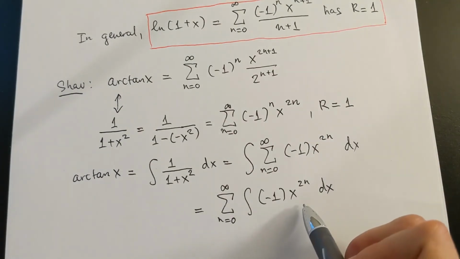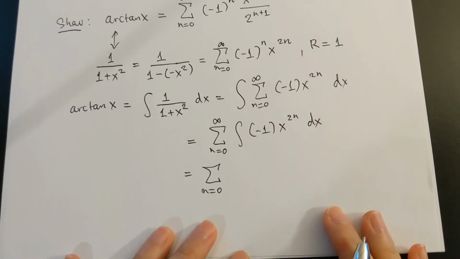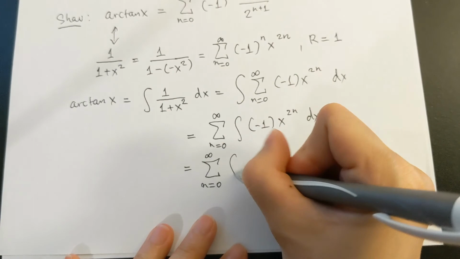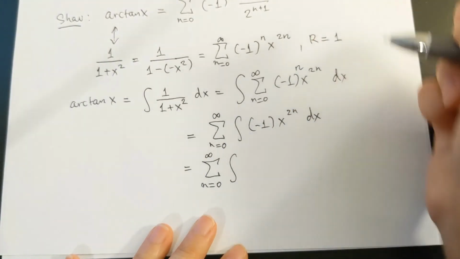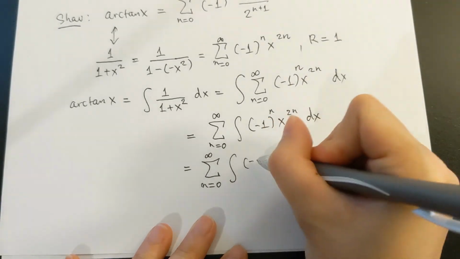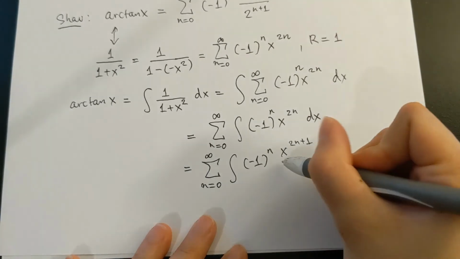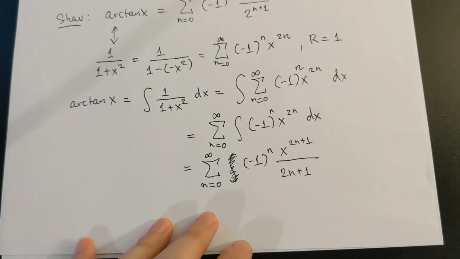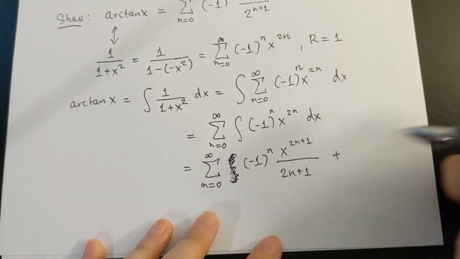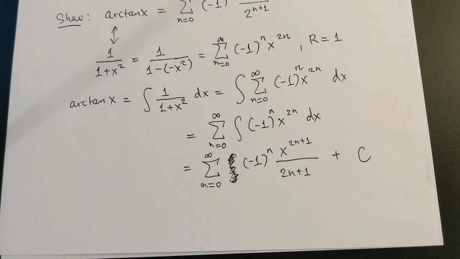So now I just need to integrate term by term. I forgot the n here. So I would add 1 to the power, then I would divide by that. And I already integrated, so I cancel my integral sign, and then I need to add a plus c.